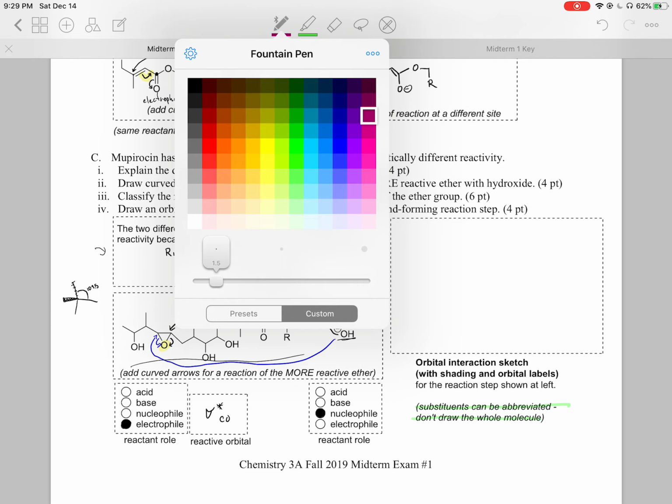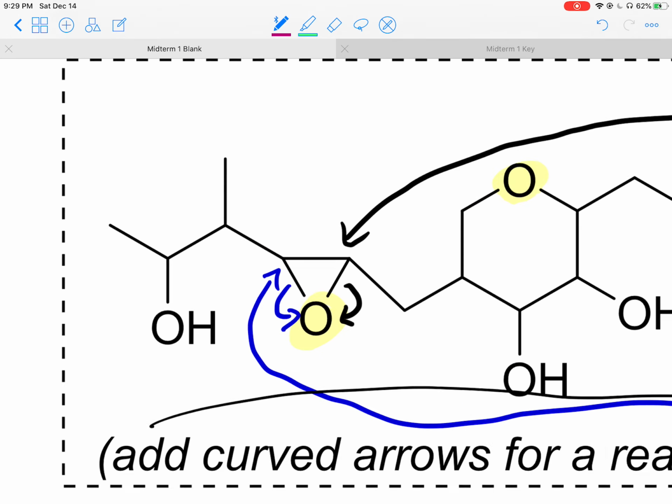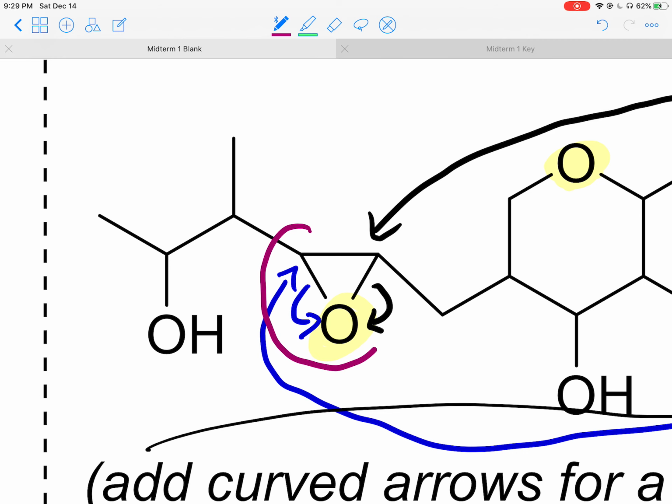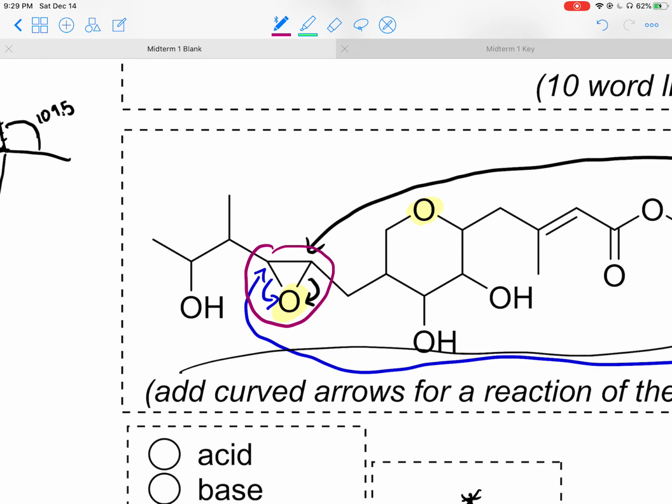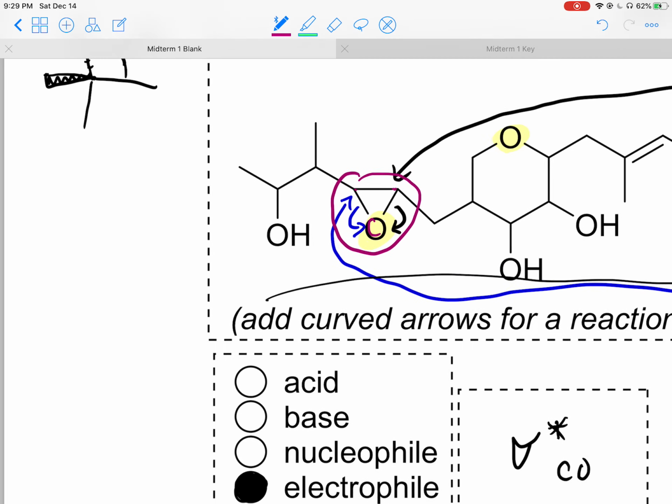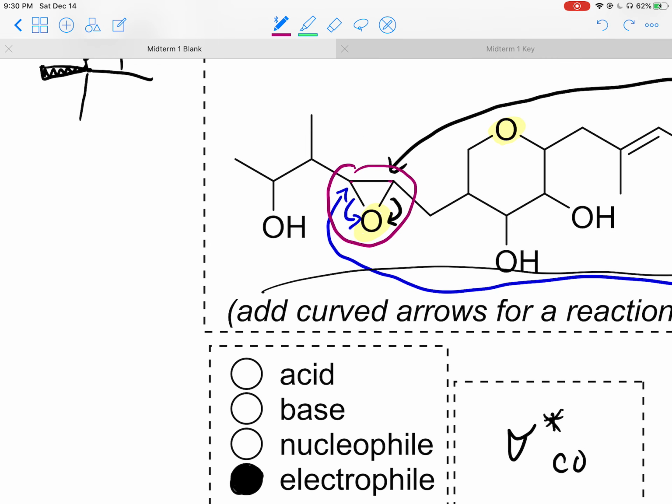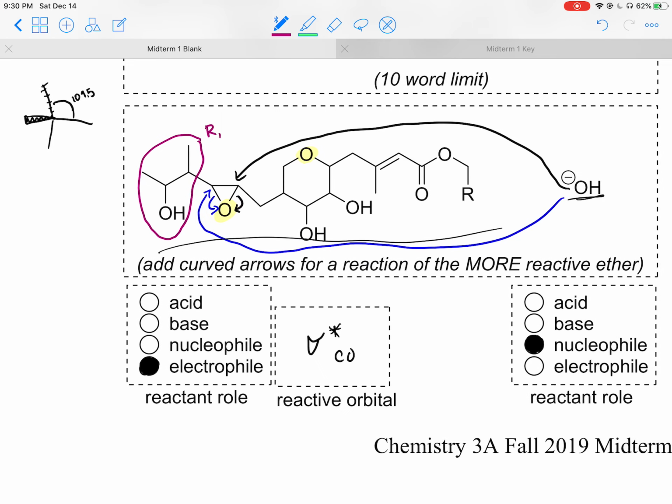And this is really the only thing that's reacting here, right? This carbon, this oxygen, and the OH. And so we are going to label the rest of the molecule as 2 different R groups. Let's call this one R1 and this one R2.